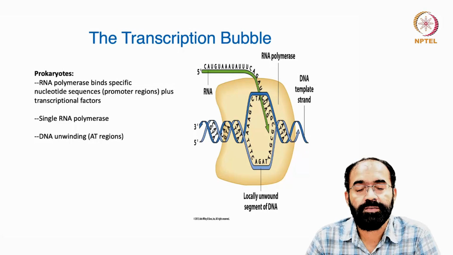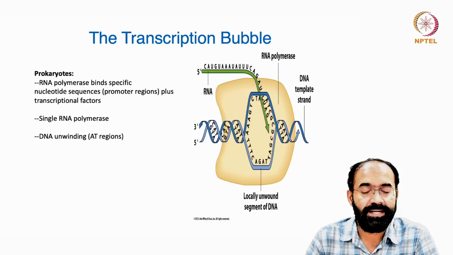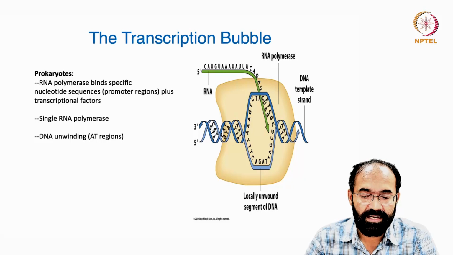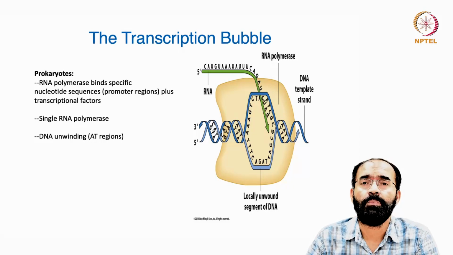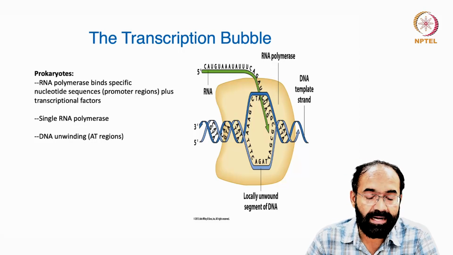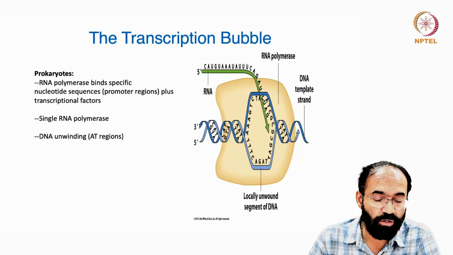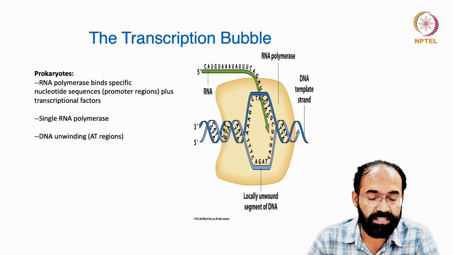And now we will learn more about the transcription bubble. As the name itself indicates, RNA transcription takes place in the form of a bubble, both in prokaryotes and eukaryotes. So the enzyme responsible for this transcription is called RNA polymerase, that binds to specific loci, specific location, or specific nucleotide sequence.